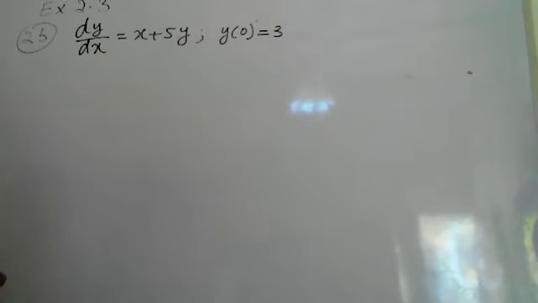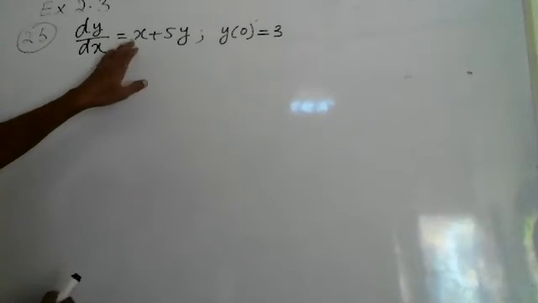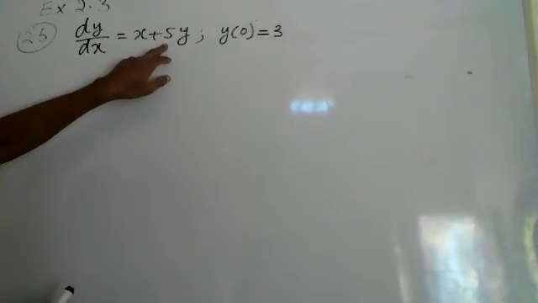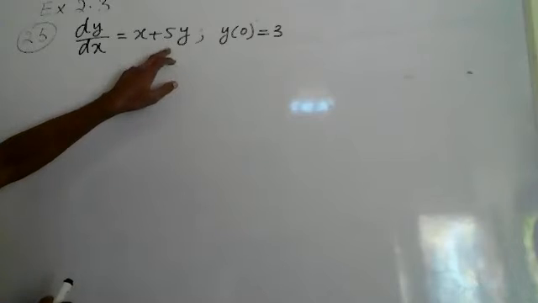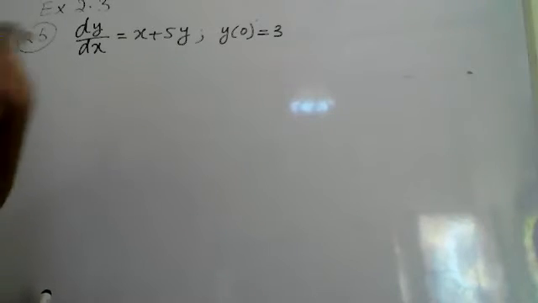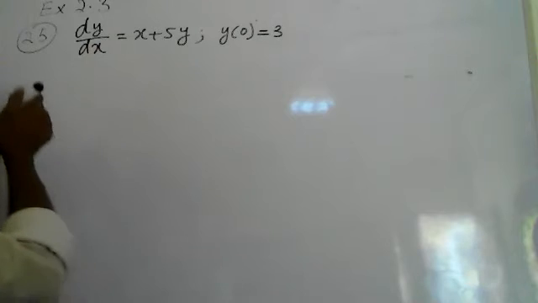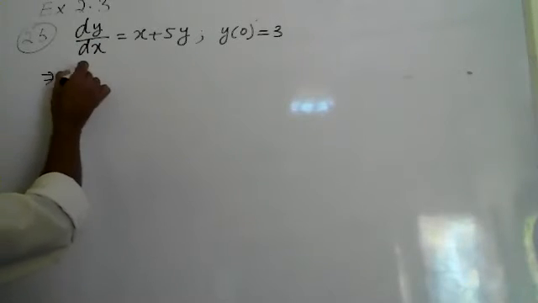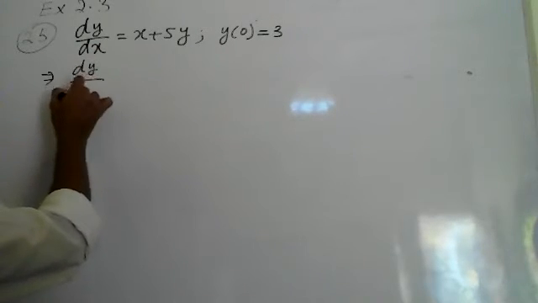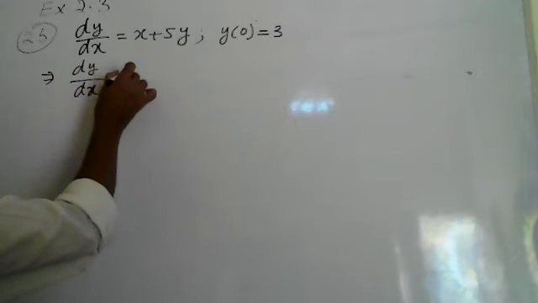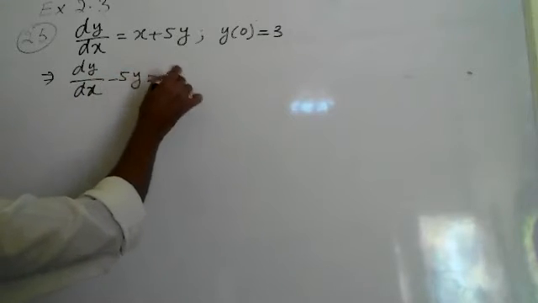Okay. So first of all, we'll convert into the standard form. On the right side, we will check whether any term involving y is there. Yes, 5y is there, so that will be shifted to the left side. It will become dy upon dx minus 5y equal to x.